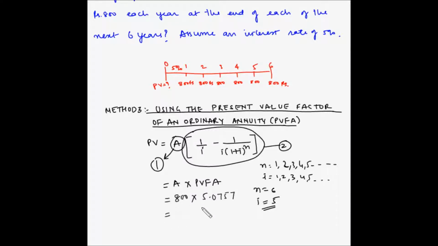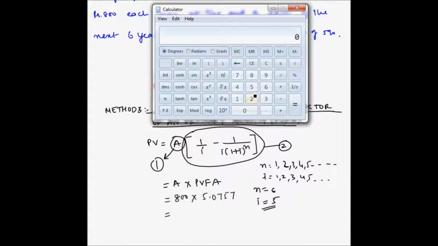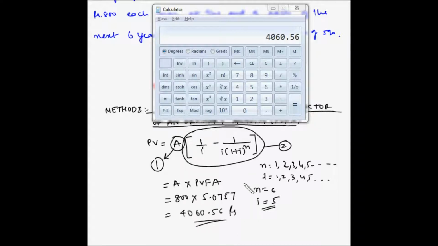So let's calculate this. 800 multiplied by 5.0757 is 4060.56 rupees.